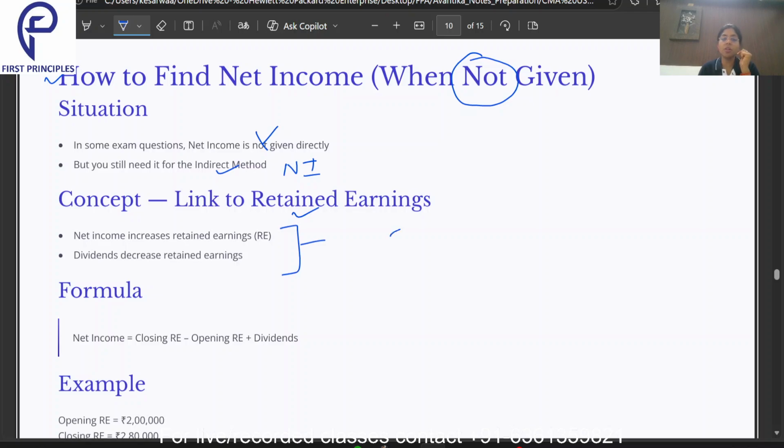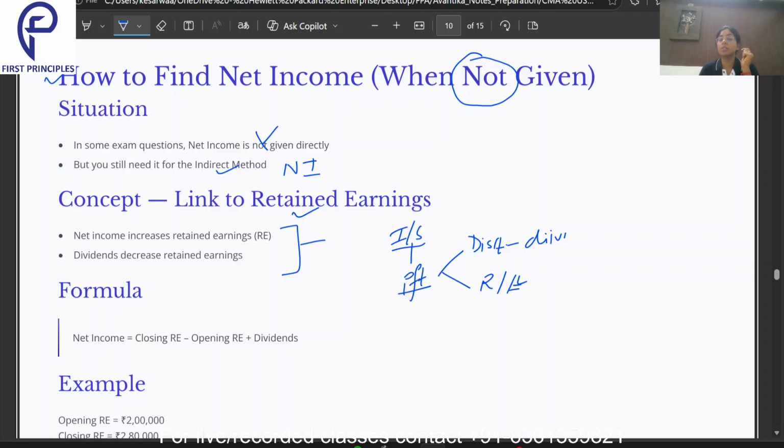Now first of all, whenever we have an income statement, we will get profit, right? So this profit, some of it is distributed as dividends, then some of it is kept aside as retained earnings.